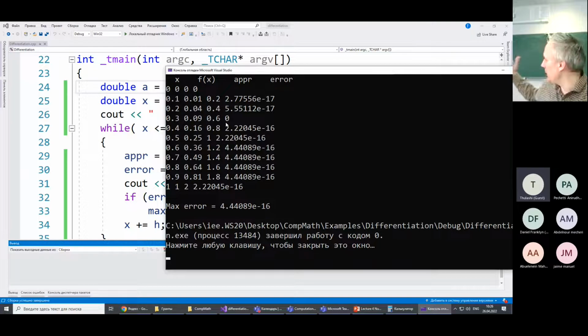So when we compute the value of the derivative for x squared, actually we get the exact value, like in this case. But a computer never can give you an exact answer, just maybe in some particular case, like here we see that the answer is 0. But in all other cases, the answer is not 0. Well, it's very, very important.